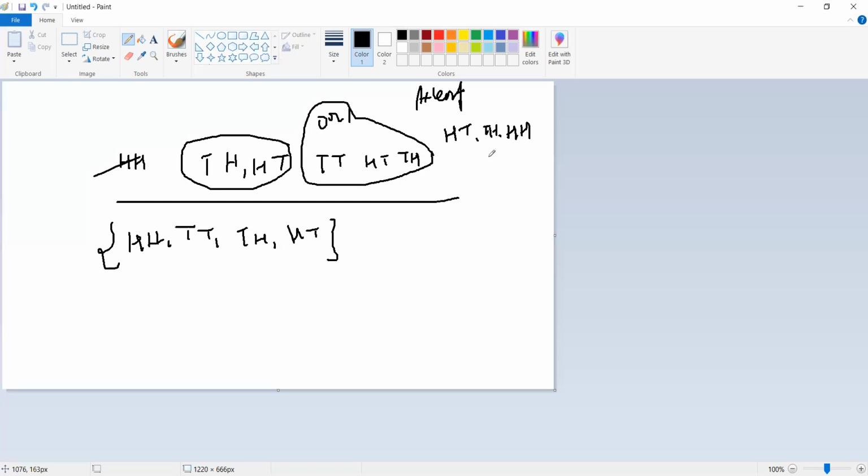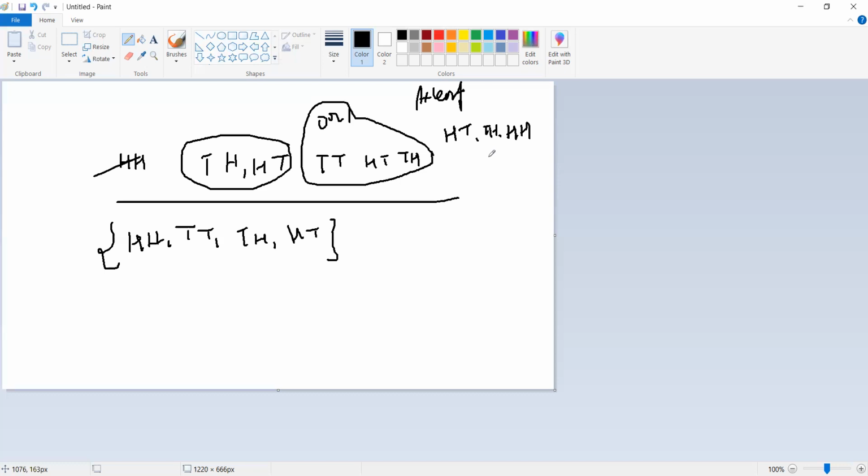The question is tossing the coin 2 times, or rolling the dice 2 times. When you say 2 times, the sample space will become double. So it is 2 into 2.